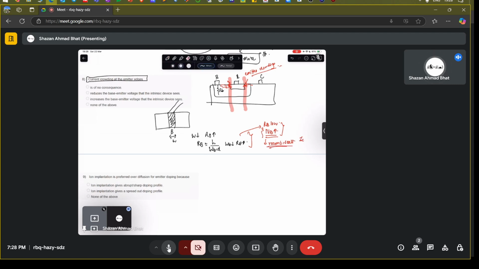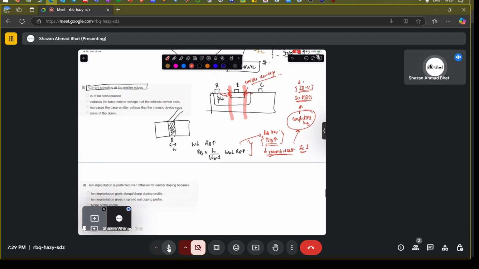So the output current is going to reduce. These are what are called conflicting requirements, which I think the professor might have mentioned. Because of these conflicting requirements, you have switched to HBTs, heterojunction bipolar transistors, or III-V based high frequency transistors. Okay, so that is the concept of current crowding.